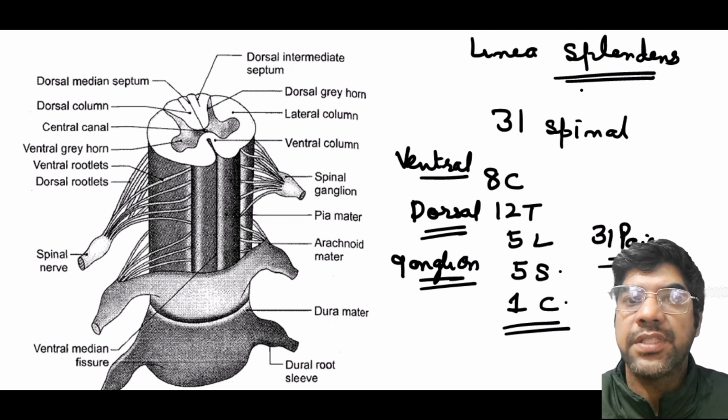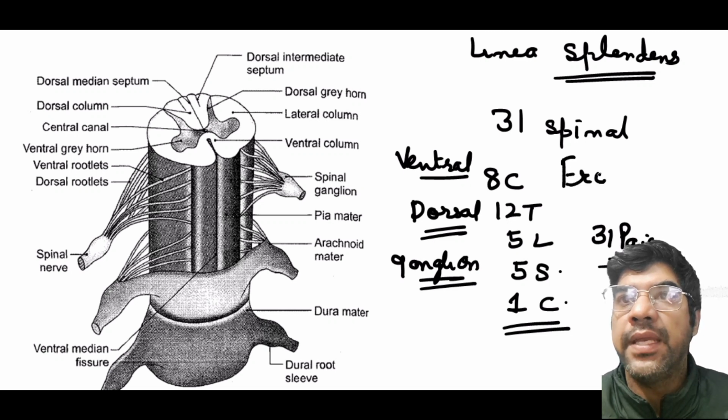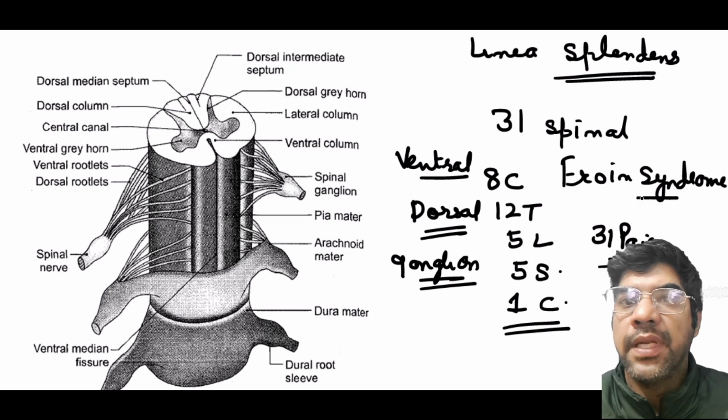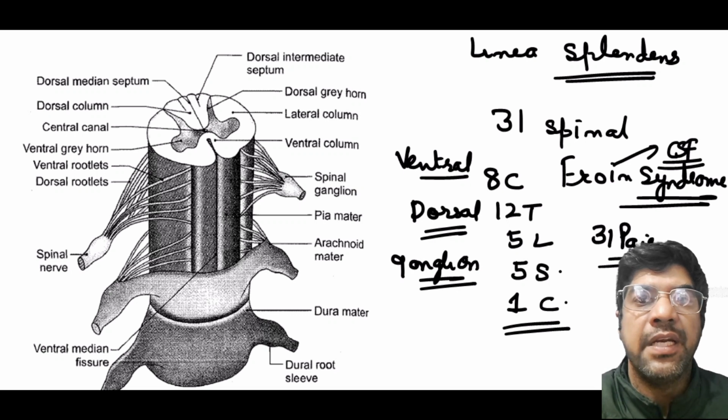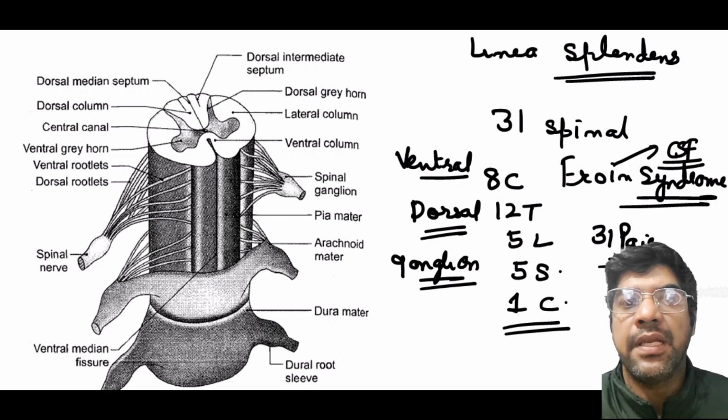This obstruction can result in low cerebrospinal fluid pressure below the lesion, leading to what is known as Froin syndrome. That is characterized by yellowish discharge of CSF below the level of obstruction. There would be elevated protein level and normal cell content.